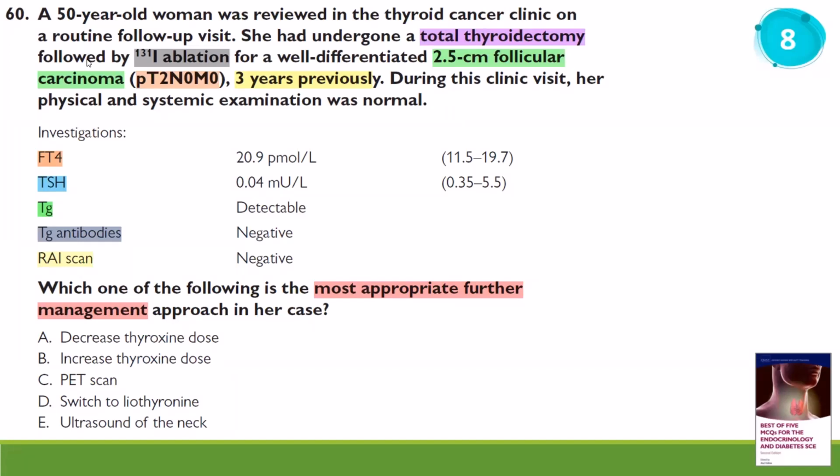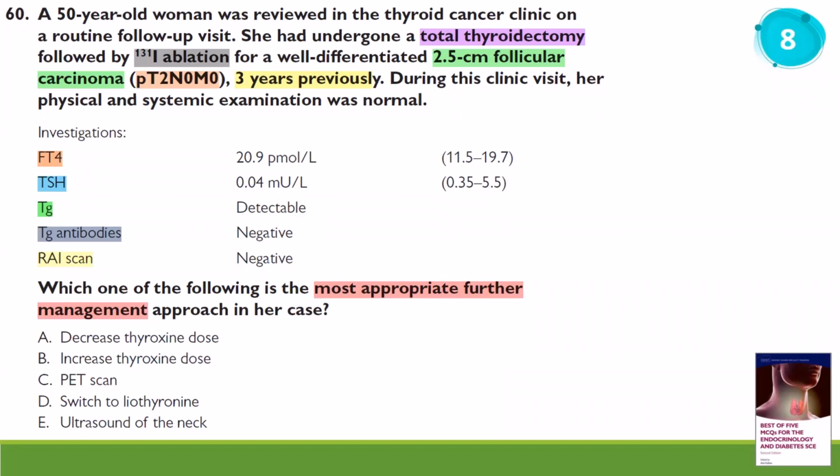Yes, yes. So, ultrasound. And the question of Dr. Barakat asked if the patient is TG antibody positive, how will we follow up clinically and by sonography. If TG antibody is positive and TG is elevated, this means a recurrence.